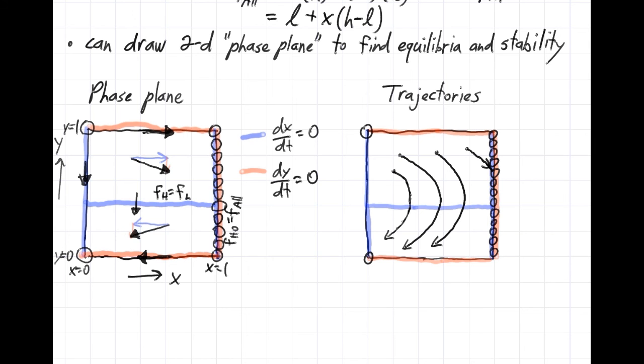Except if we were actually talking about a real population, then we might not stay there. We might get kicked around a little bit because there are going to be random births and deaths, and there could be immigration, emigration, or mutation. Things are always changing. So even if we're right on the boundary, there could still be the introduction of new individuals of a different type that would kick us off that boundary.